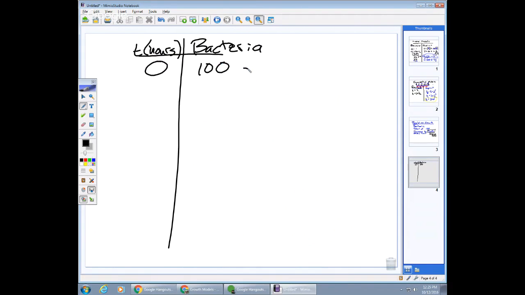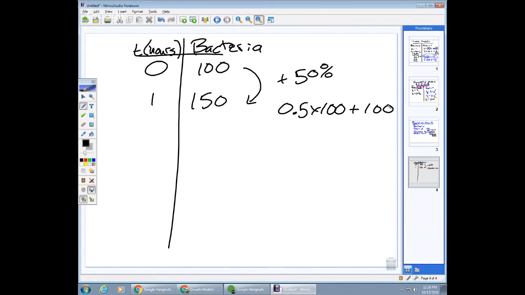Now what I need to do next is make this increase by 50%. So I have to say, what's 50% of 100? Well, that's 50, and then I have to add it on. So now I should have 150 bacteria in 1 hour. Just double check. Adding 50% means I have to take 0.5 times that 100, and then I have to add that 100 back on. And that's where that comes from. And we have to keep repeating that every hour.